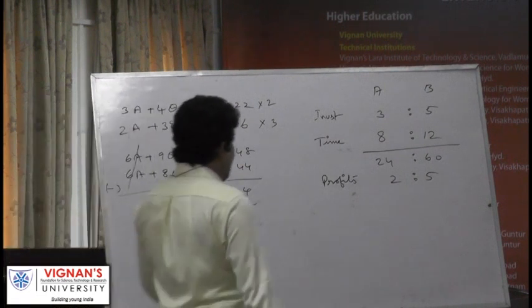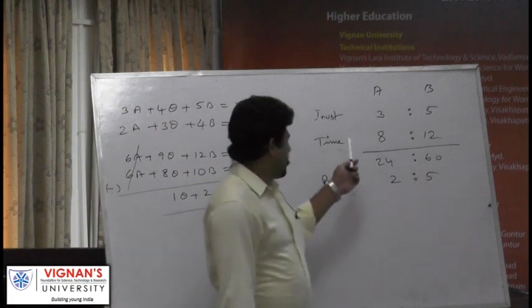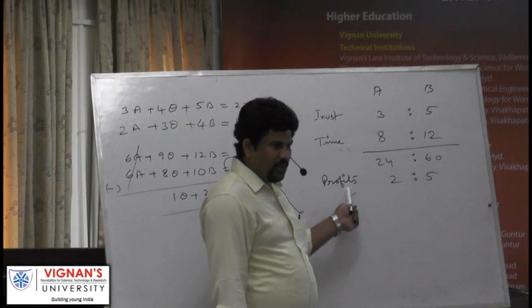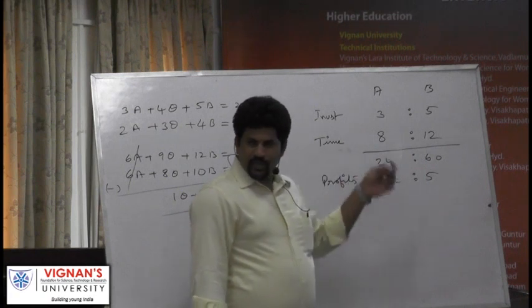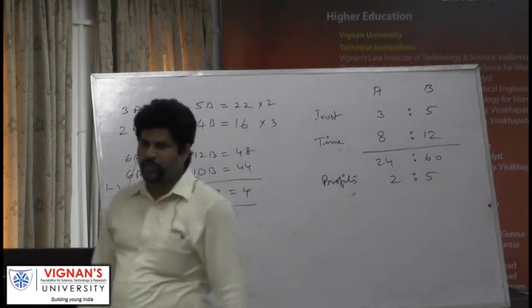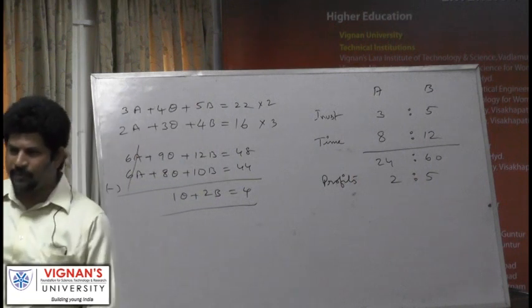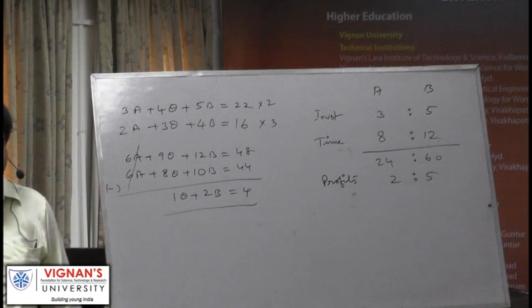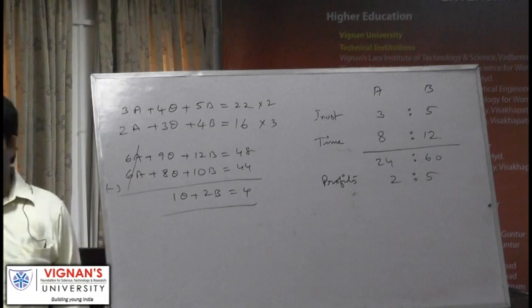Investments ratio is given. Time periods ratio is given. Now we are finding out the profits ratio. As per these two ratios, they should distribute profit in the ratio 2:5. It means A gets 2 parts, B gets 5 parts. But the problem says B got 15,000 profit more than A. According to this, B gets 3 parts extra.